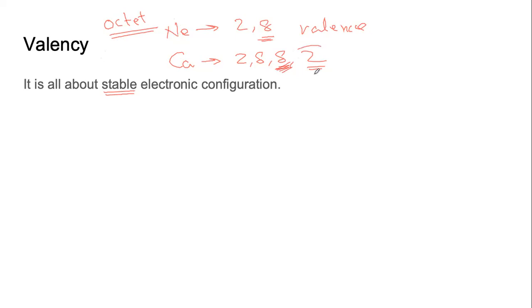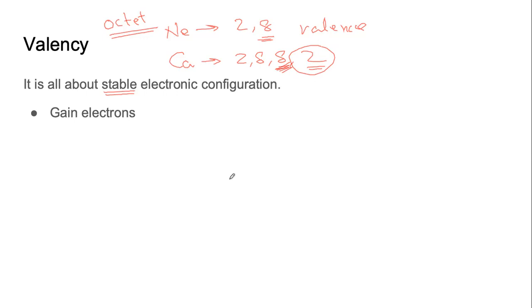So either it will try in some way to make that last shell 8. There are multiple ways, and because of those multiple ways, we can define valency in 3 parts, right? Not 1, 3 parts. Valency is the number of electrons that an atom gains.